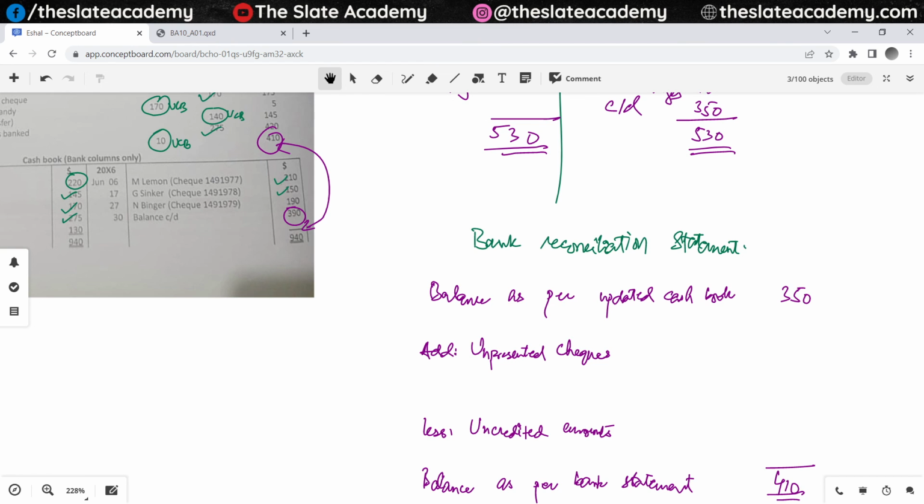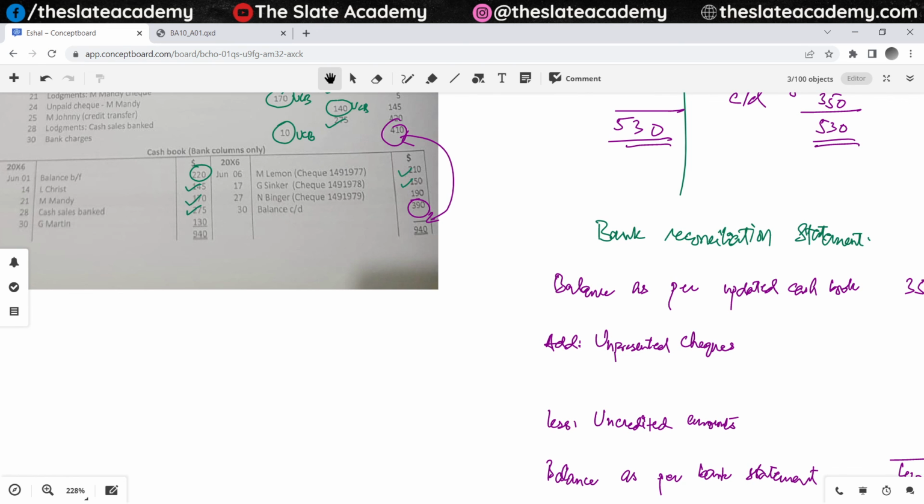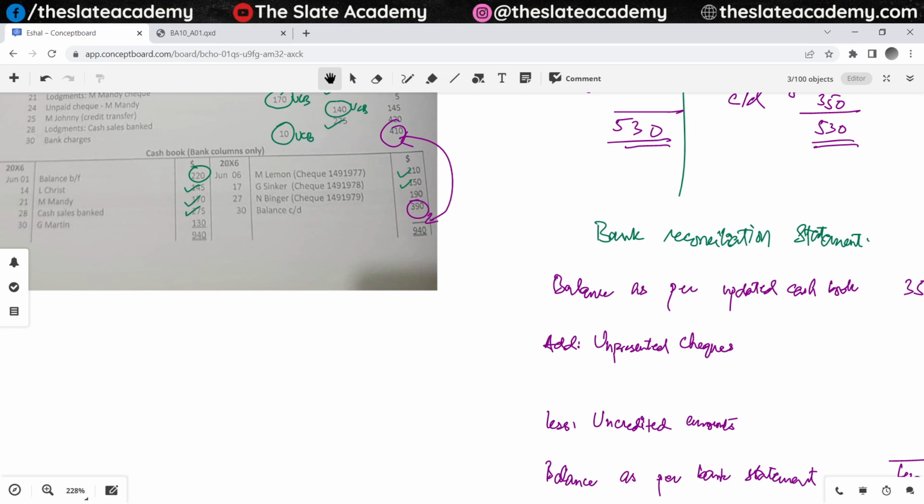Then unpresented checks. So these are the payments which I have made, and people have not seemingly withdrawn. This is this N Binger amount. This is a payment I have made, but it's not there in the bank statement. So I add it. How much? 190.